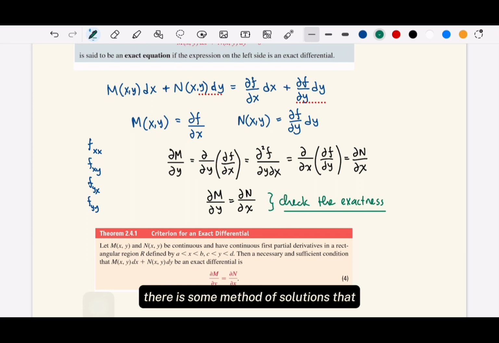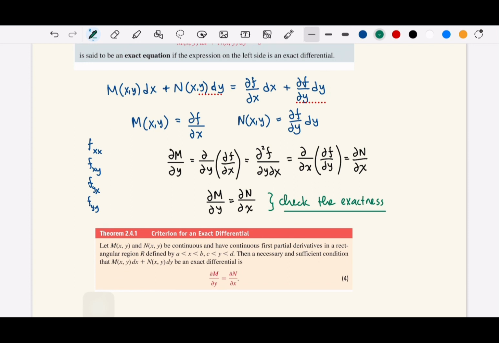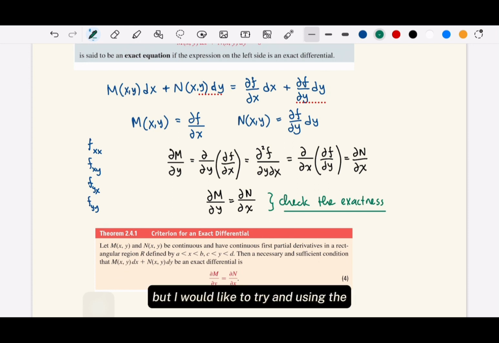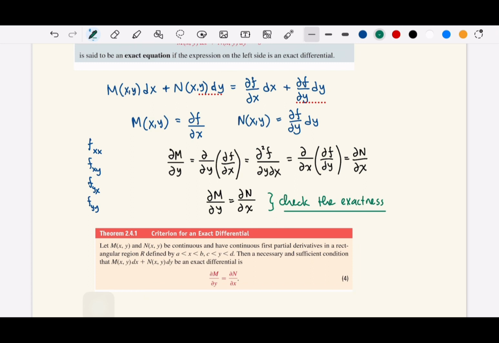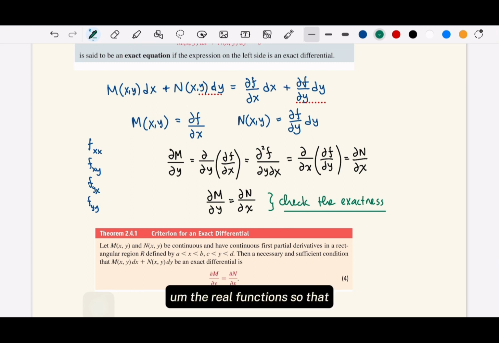There is some method of solutions that, in general, by default, is also explained in the textbook. But I would like to try using real functions, so that I believe it's easier to understand.